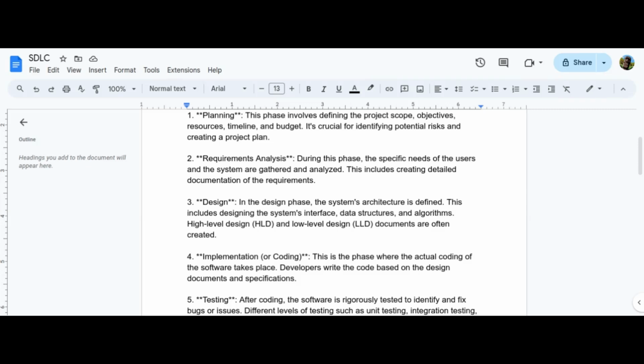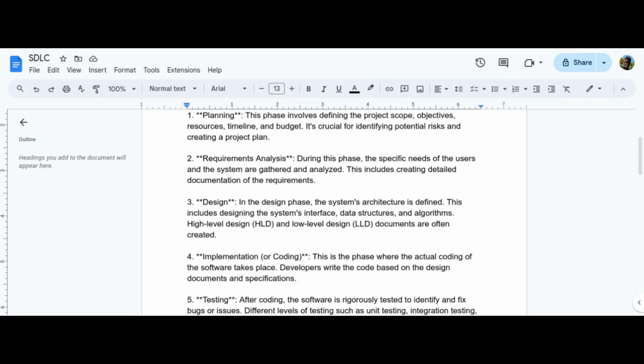So the design phase is the critical step in the process of developing a software project, the conceptual blueprint. During this phase, first we will gather the requirements. This is the requirement analysis phase, then it is transformed into the design document.